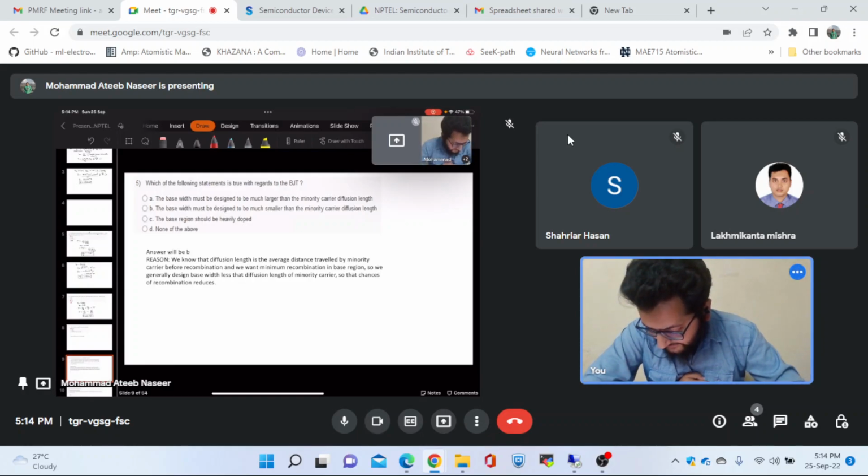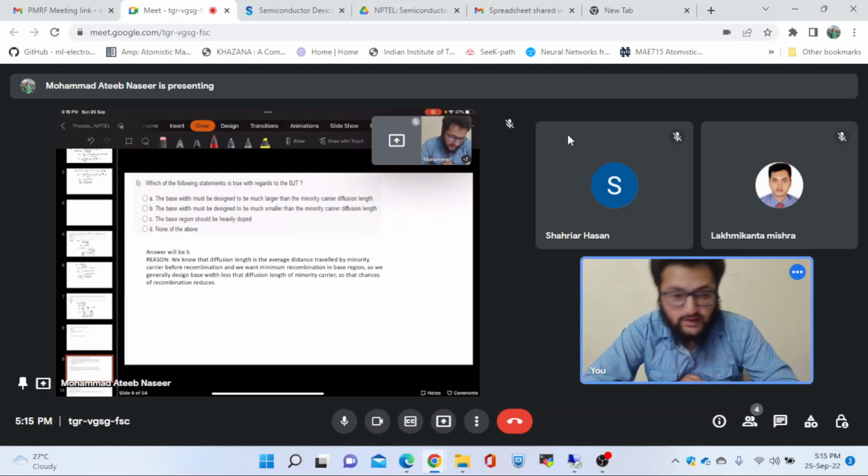It says that if we are having a BJT where we have been given some statements about this BJT, for option A, we have to find which of the following statements are true. It states that this base width must be designed to be much larger than the minority carrier diffusion length.